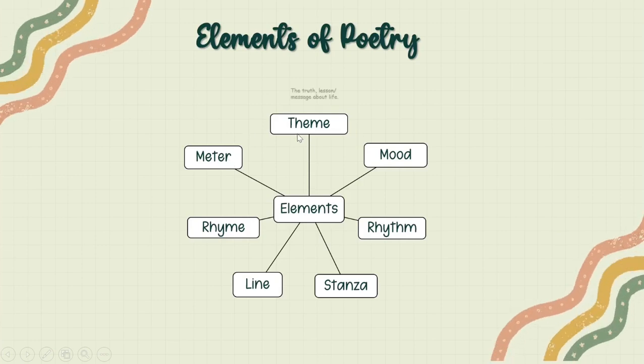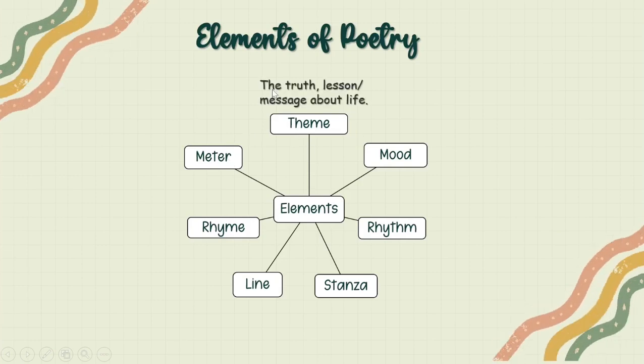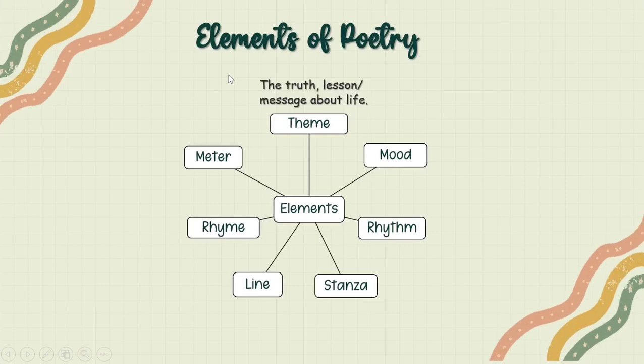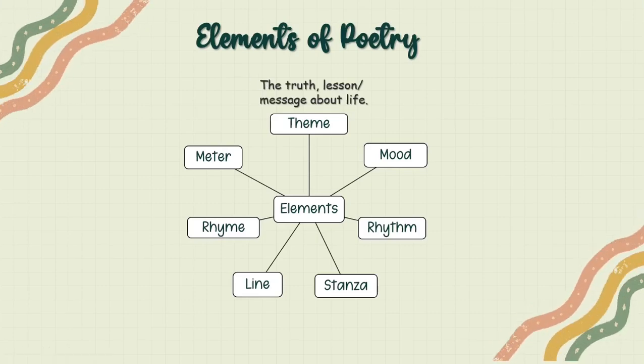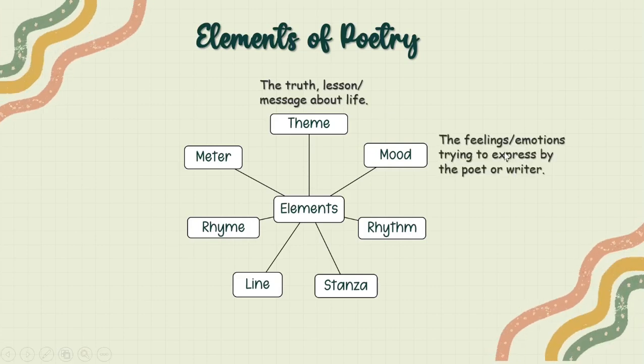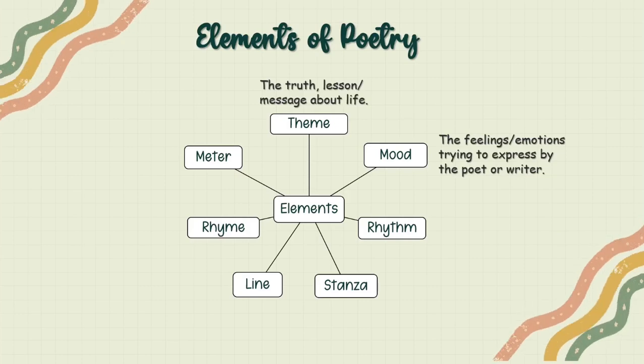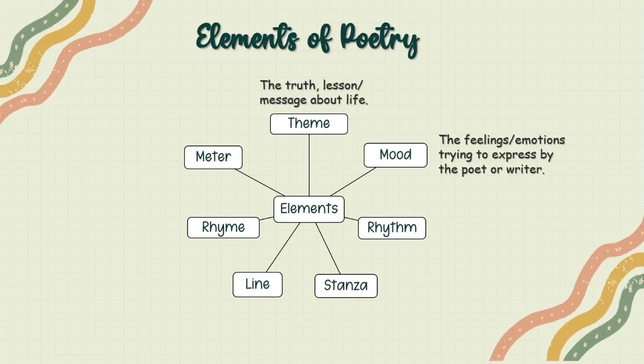When we say theme, kagaya sa narrative text, ito yung truth, lesson, or message. Usually, tungkol sa life ang message niya. Mood, it is the feeling or emotion that the author or the poet is trying to express.